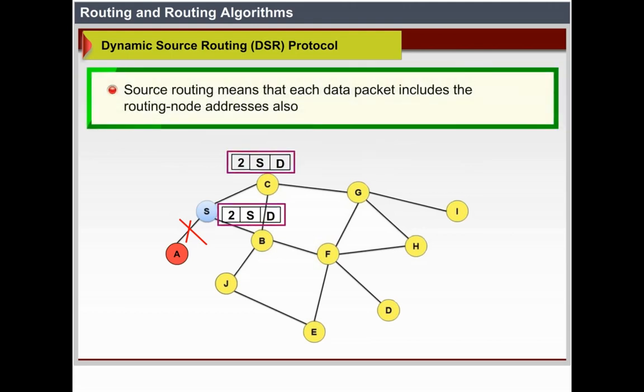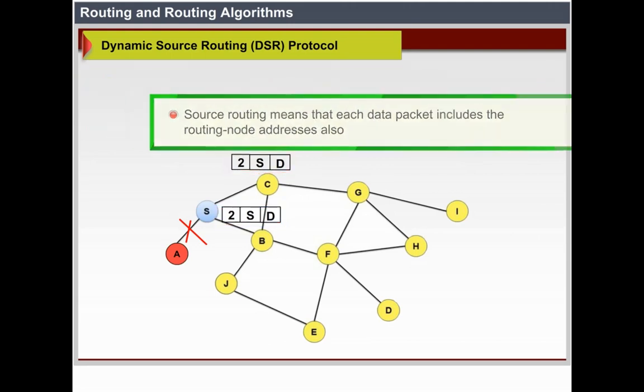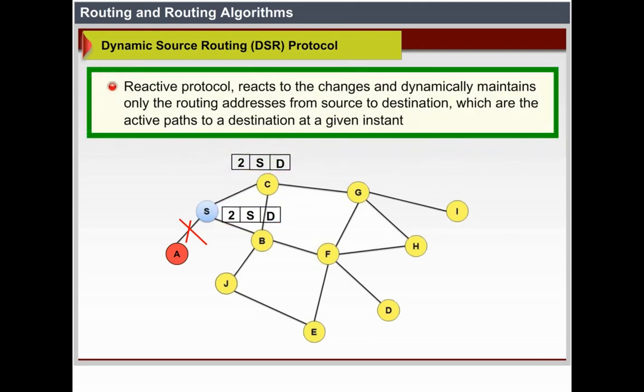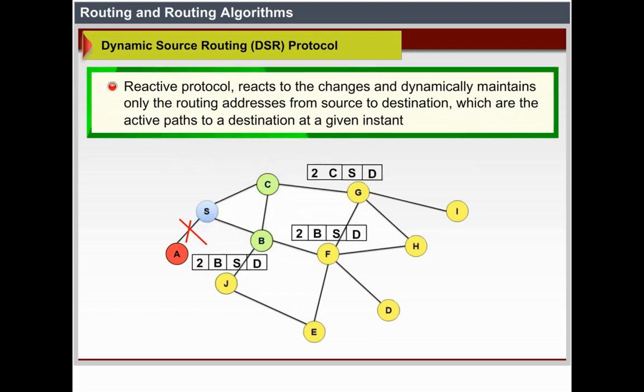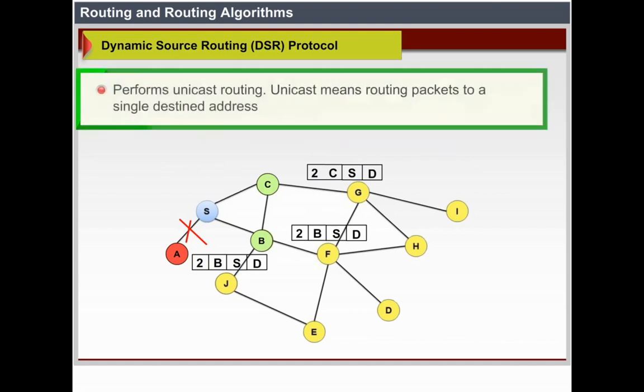Source routing means that each data packet includes the routing node addresses also. A reactive protocol reacts to the changes and dynamically maintains only the routing addresses from source to destination, which are the active paths to a destination at a given instant.